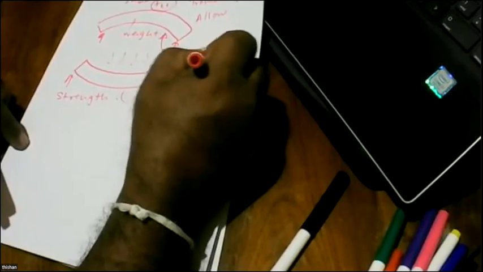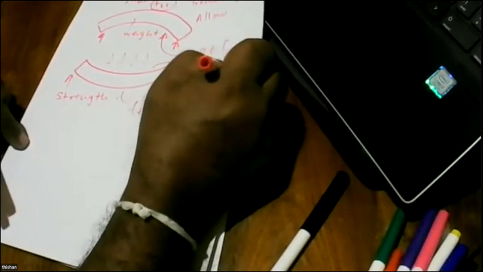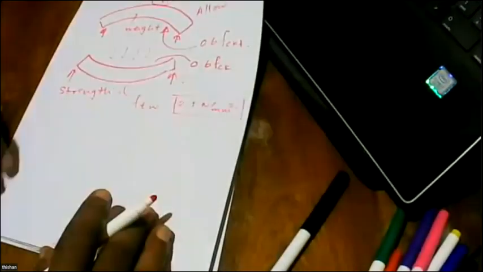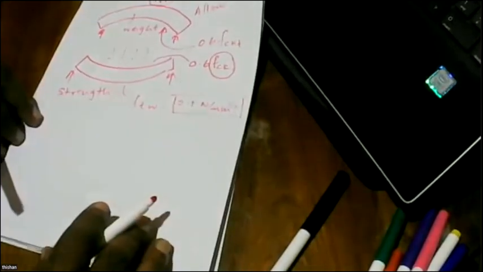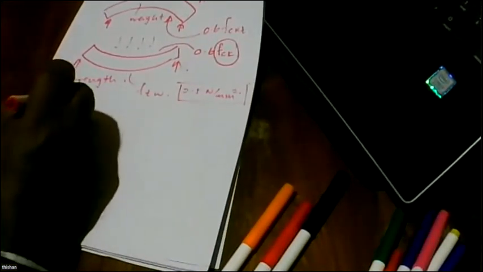But the important thing is, here you get 0.6 times fck. So if you go for higher strength concrete, then you can go for a smaller section, because we are allowing higher stress in the section. So for that, now we have to think about the concrete strengths.